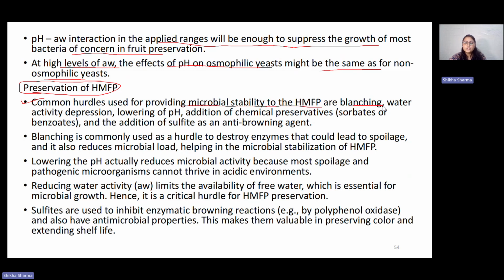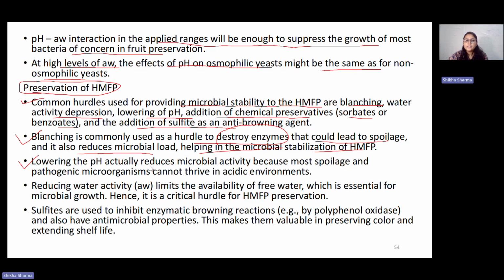The preservation methods used for the HMFPs are common hurdles used for providing microbial stability to these products: blanching, water activity depression, lowering of the pH, addition of chemical preservatives like sorbates or benzoates, and the addition of sulfites as an anti-browning agent. Blanching is commonly used as a hurdle technology to destroy the enzymes that could lead to spoilage, and it also reduces the microbial load, helping in the microbial stabilization of high moisture food products.